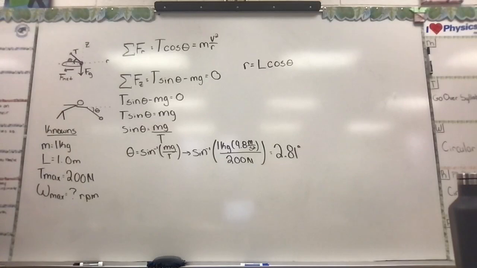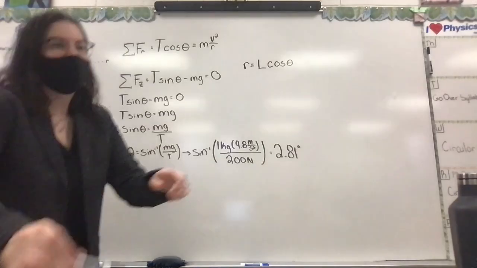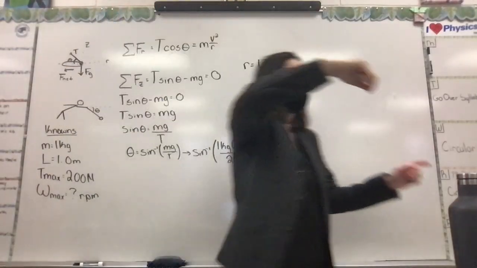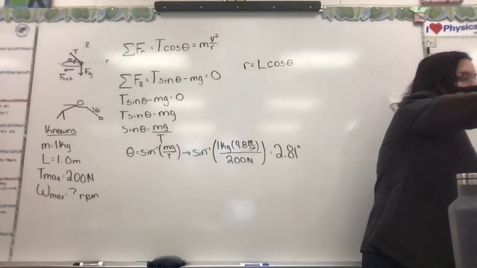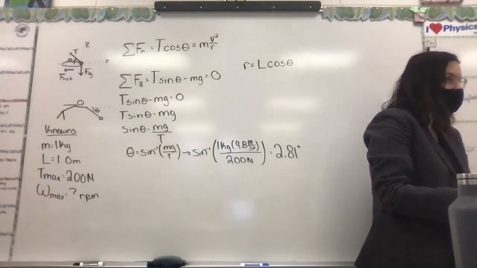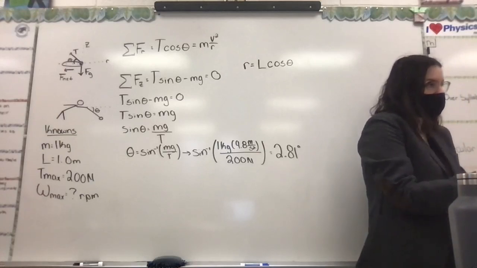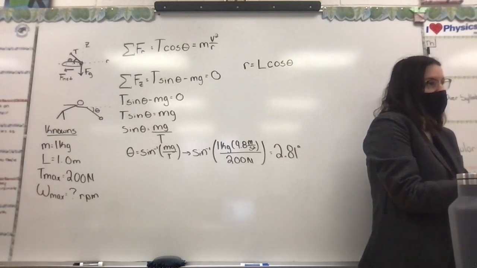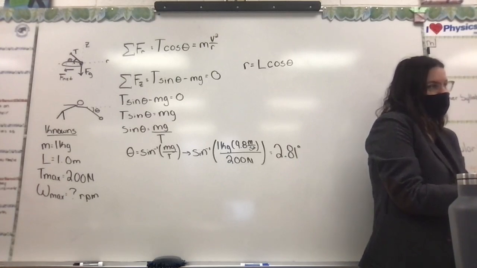Exactly. Would the length of the string equal the radius? No, because there's an angle. If I have a string that's a foot long, but I'm spinning it at an angle, the radius is not necessarily going to be a foot. The radius could be super small. Think about a pizza shop: you get pizza dough with a foot-long radius, and you're spinning it in the air, but it turns on its side.